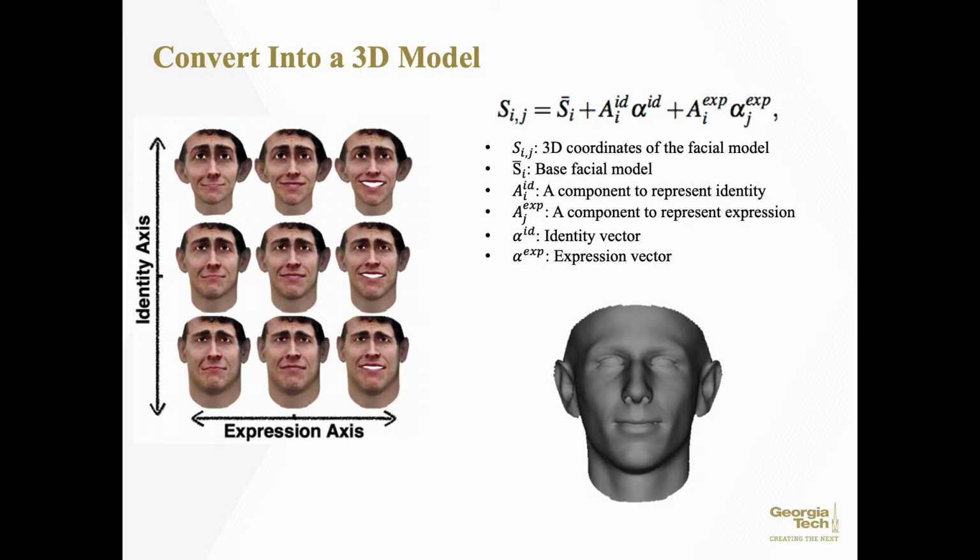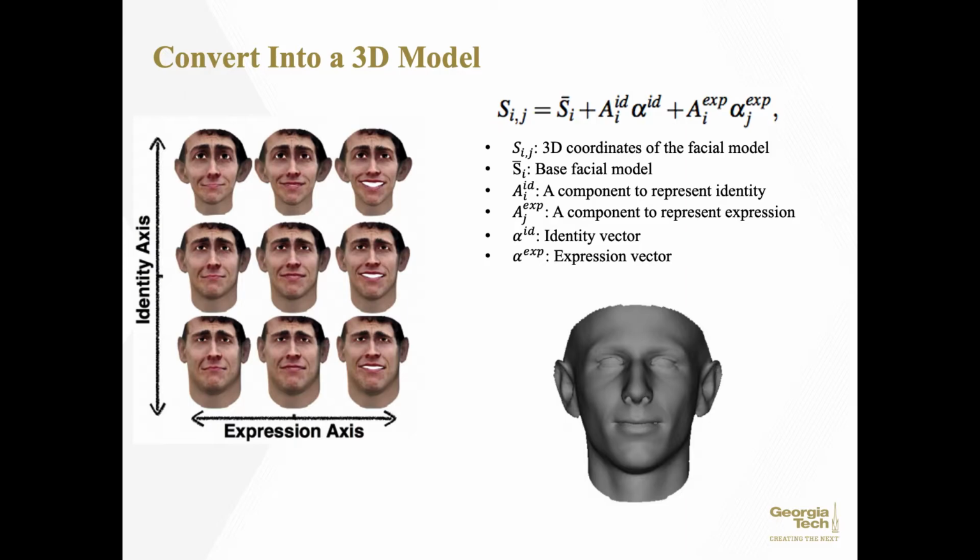In order to actually create these models, though, you have to use a mathematical formula that you see above on the top right. I'll go step by step and explain each individual variable. The first one, Sij, are the 3D coordinates of the facial model, which is what we're looking for.